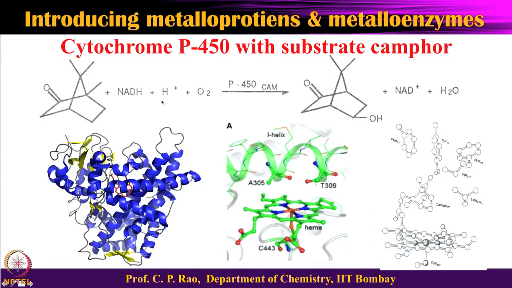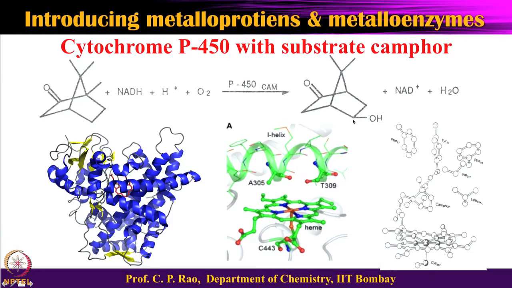Of course, the other equivalents are already there, H plus and O2. This enzyme is cytochrome P-450 cam, where CAM refers to camphor. That will give a product where hydroxylation is here, not here, not there, not there. The hydroxylation is only here.